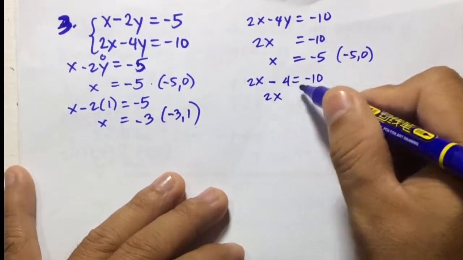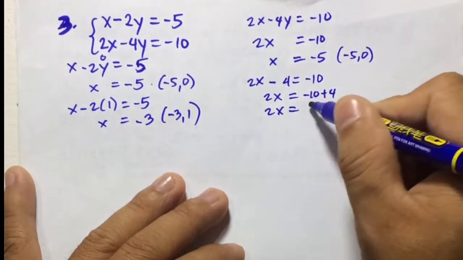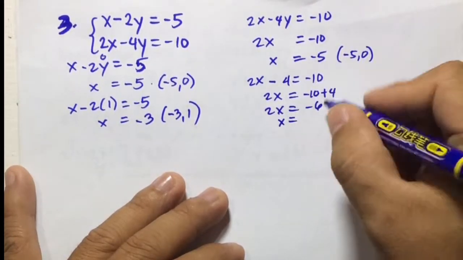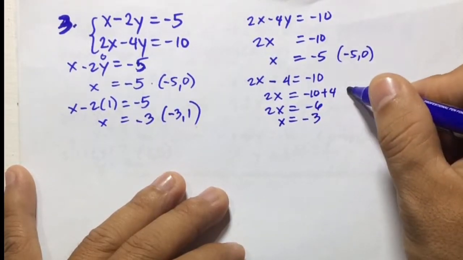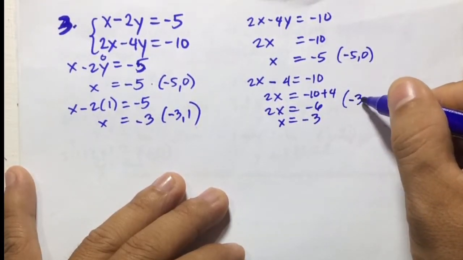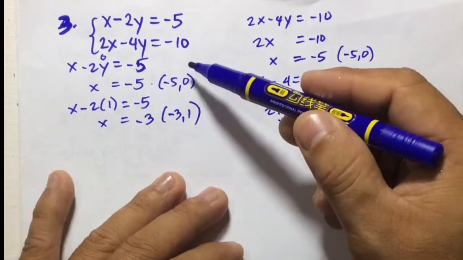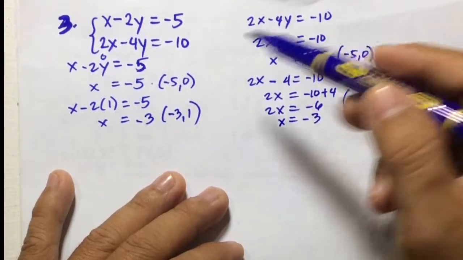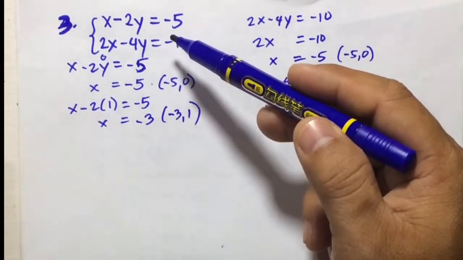Then this will be 2x equals negative 10 plus 4. 2x equals negative 6. Then x here will be equal to negative 6 divided by 2, which is negative 3. So the second point here will be negative 3, 1. So if we're going to look at the points in equation 1 and equation 2, they are just the same, meaning these two equations here are equal.